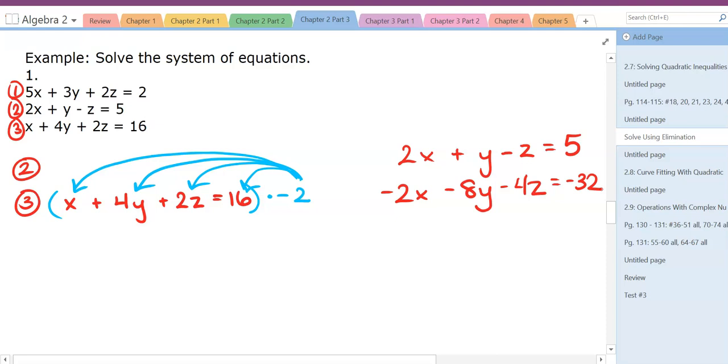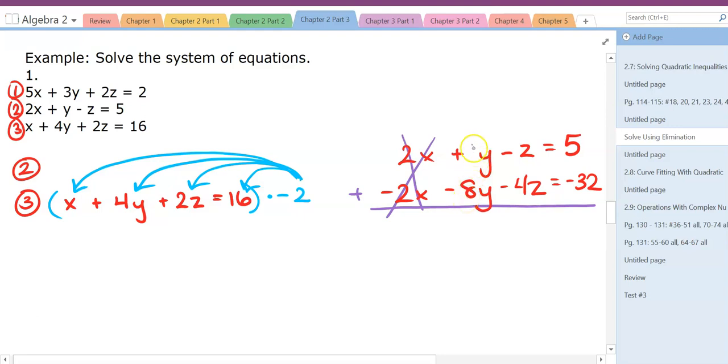So I got my x's to have the same number. They both have 2's. One of them is positive, one of them is negative. So just like you did on the previous ones with just two variables, I'm going to add these equations together. This is going to cause those x's to cancel, eliminate, and I just add the other pieces together. So I have y plus a negative 8y.